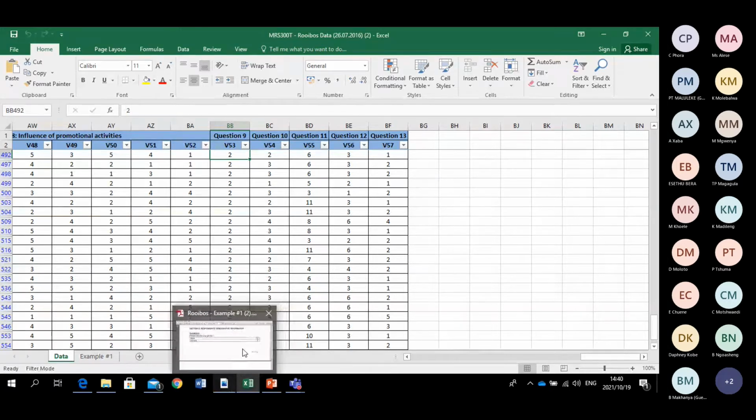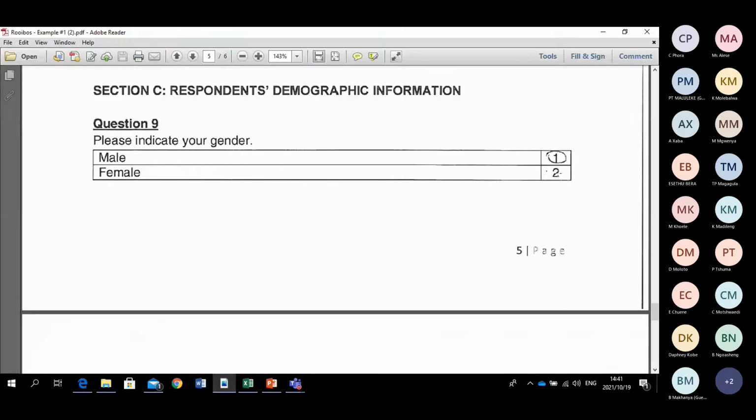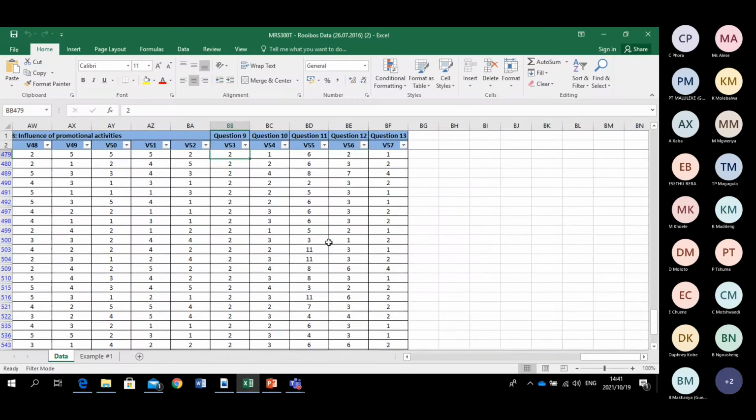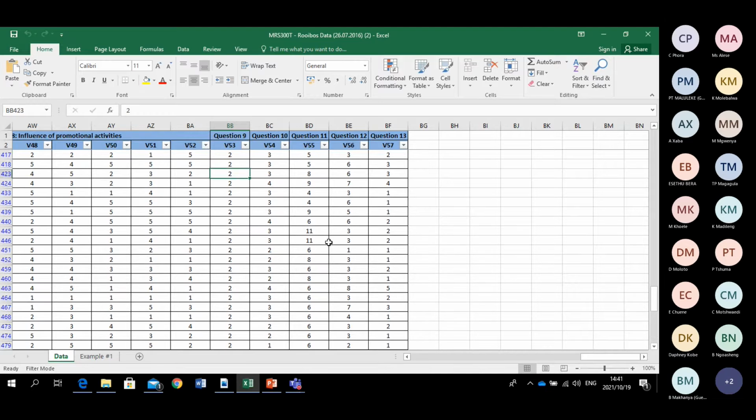So if you go back to the questionnaire, you'll see that 2 was females, 1 was males. So in this data set, you saw 2 dominating, meaning that we've interviewed more females than males. And that also made sense because this was about a skincare brand, and its target market is mostly females in this case.